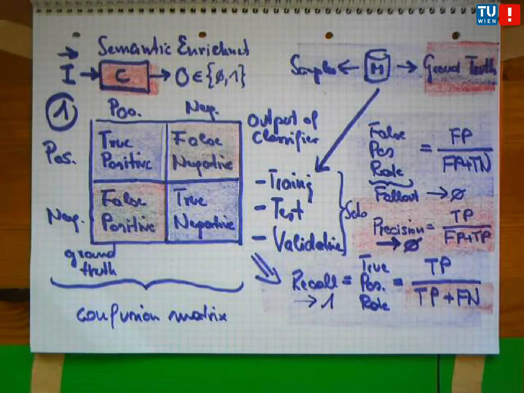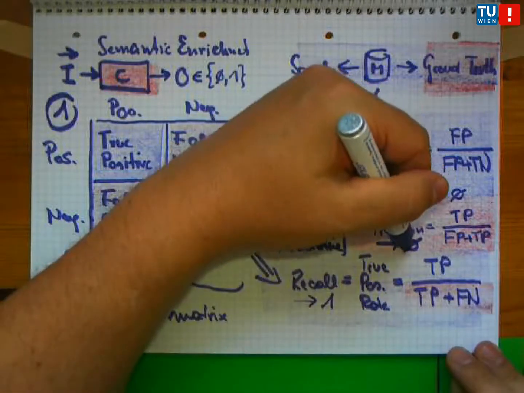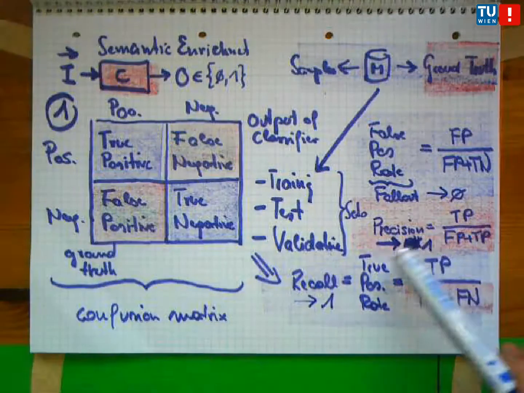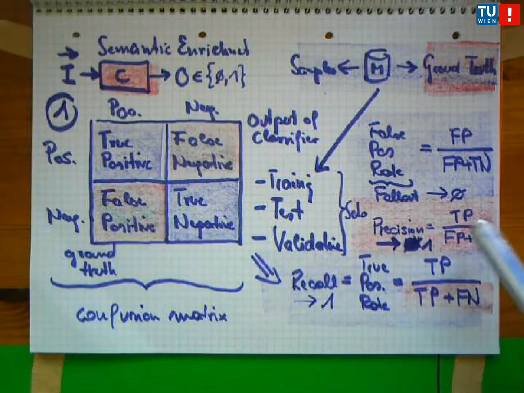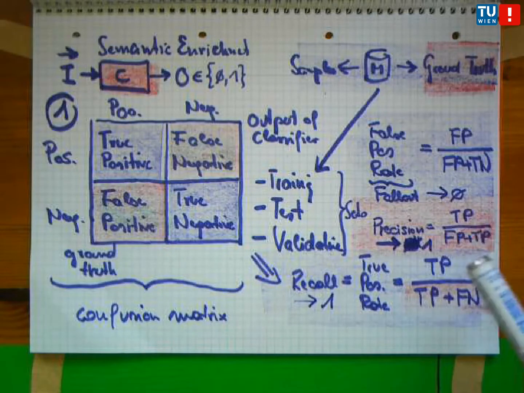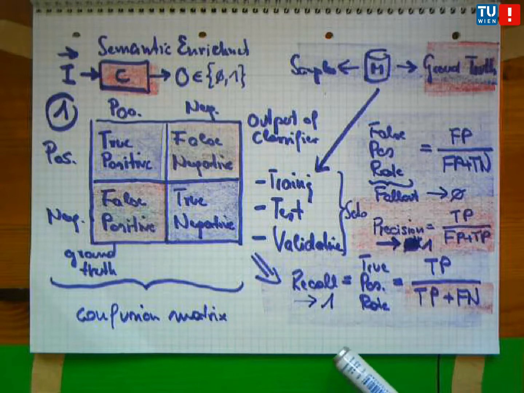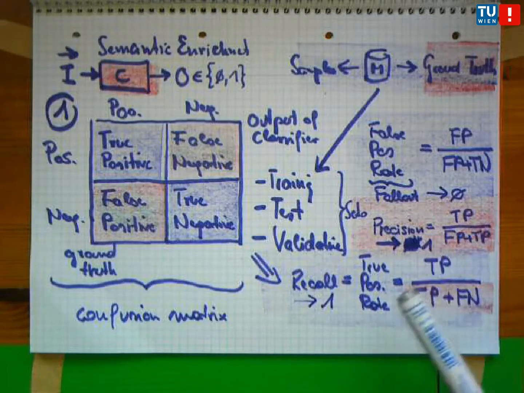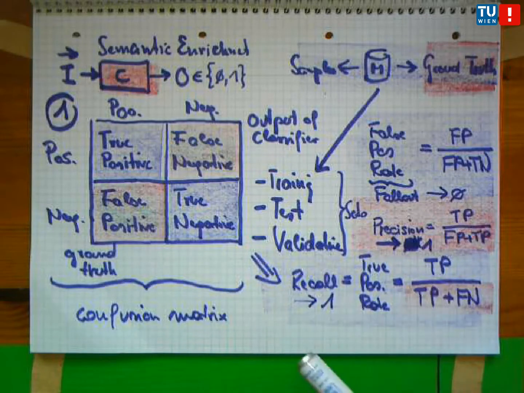Precision should go to 1, not to 0. That means that there should be only relevant elements in the output. You can always achieve a precision of 1 by being super restrictive, by having a recall of 0.